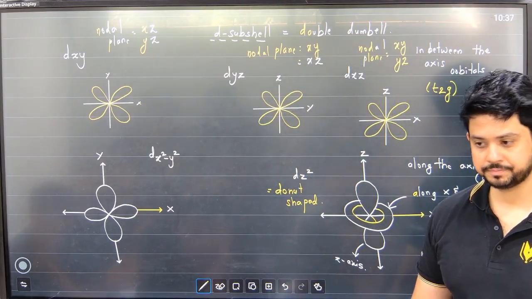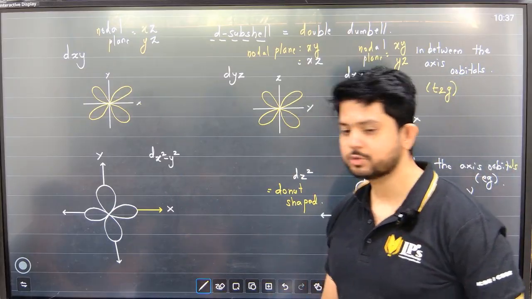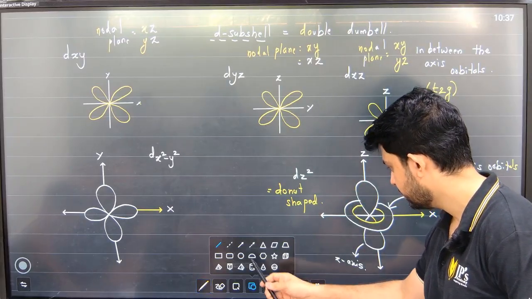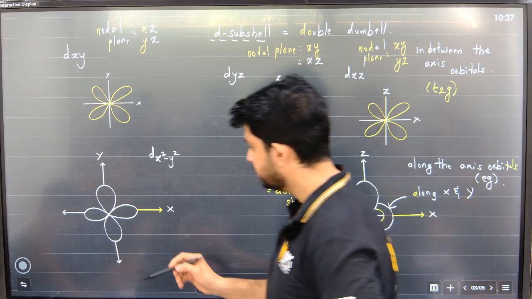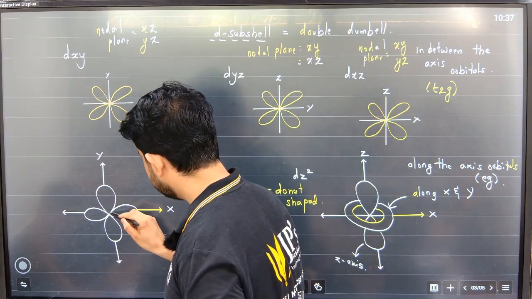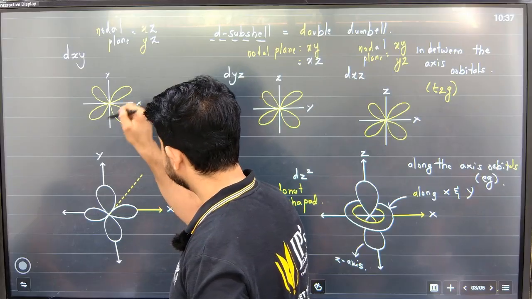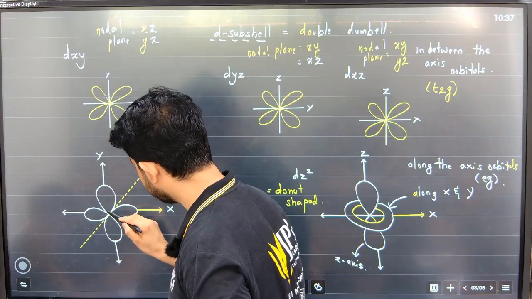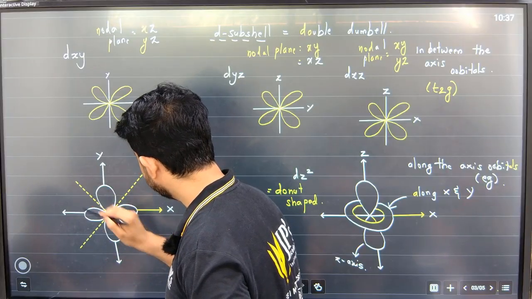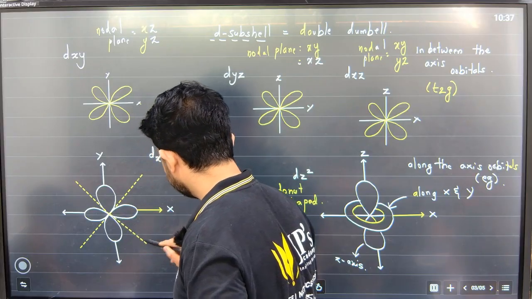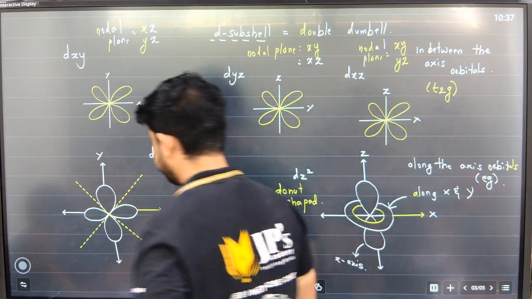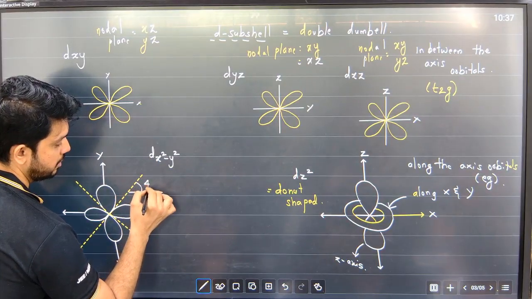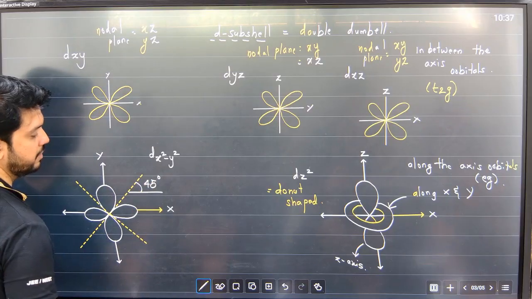Yes or no? However, when you look at dx square minus y square and dz square, the node is not along the axis as I drew here, because the lobe is along the axis. So your nodes are present like this, at an angle of 45 degrees.